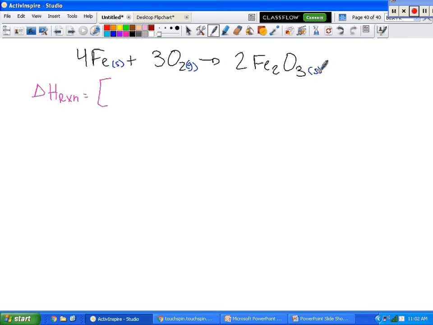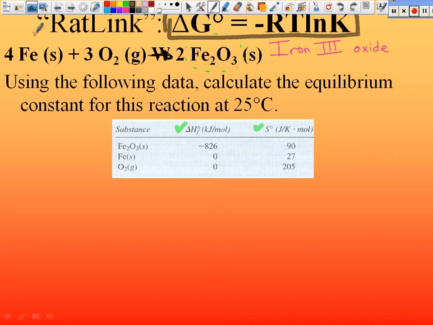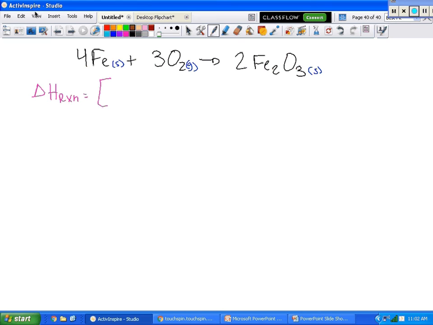So here's the crazy part. If you go back and look at this table, two things in here are zeros. Why? They're in the normal solid natural state. So the only thing that we're going to have in here is the two Fe2O3s. Why don't I have to subtract anything from it?